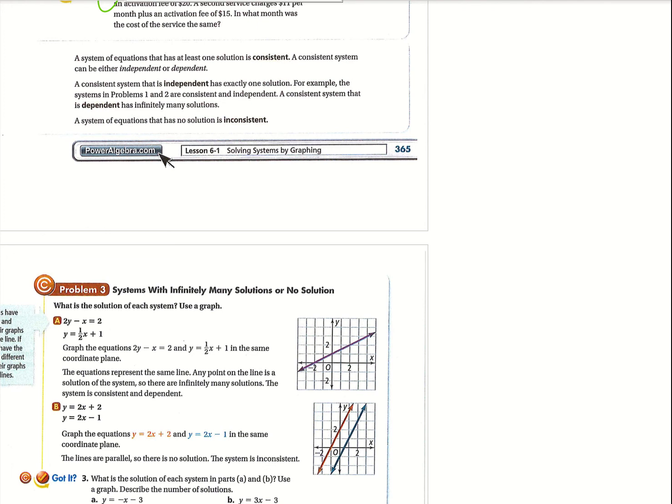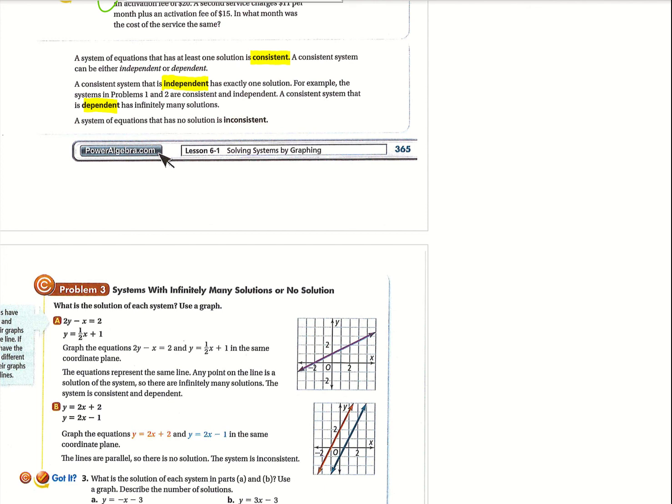All right, so the next part is that a system of equations that has at least one solution is consistent. Okay, and then a consistent system can either be independent or it can be dependent. All right, so just to give an idea of these a little bit further, consistent just means that they intersect at some point.